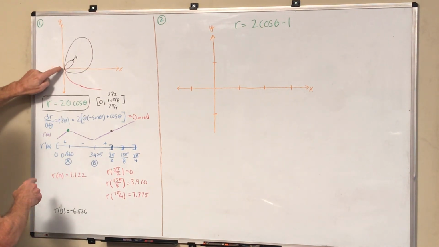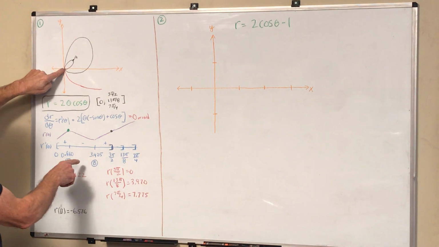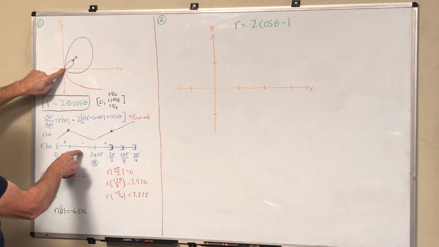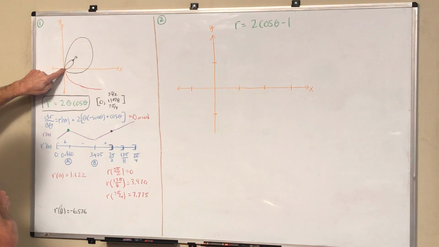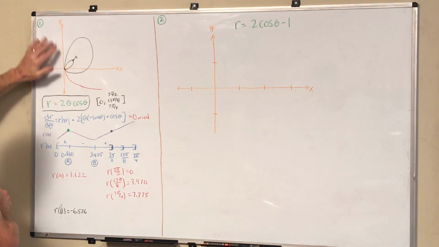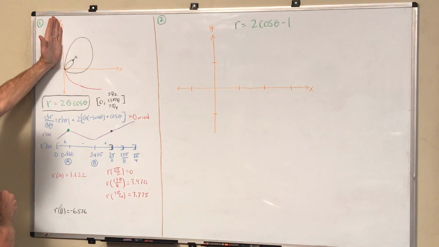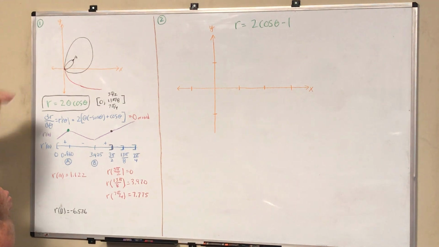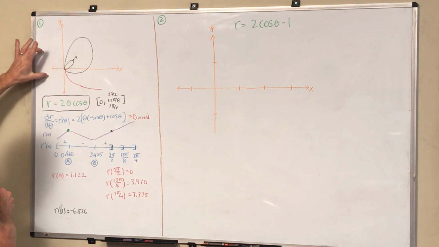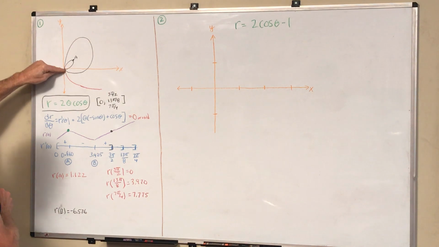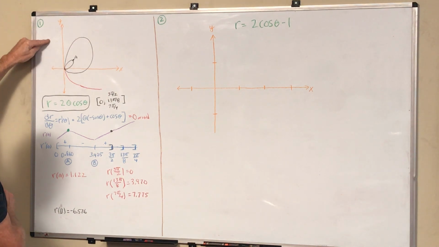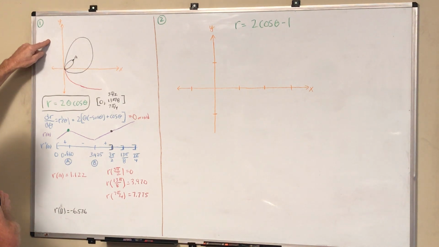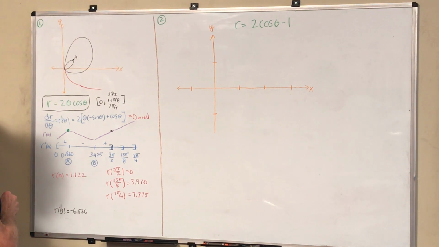And then at pi over 2, it comes back to 0. But then all the values past pi over 2, all the values of r turn out to be negative. So you have an angle that goes out this way, but it gets to be a negative r. So it goes back over here.